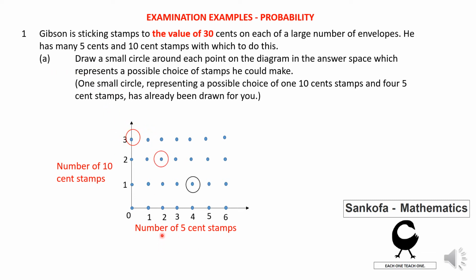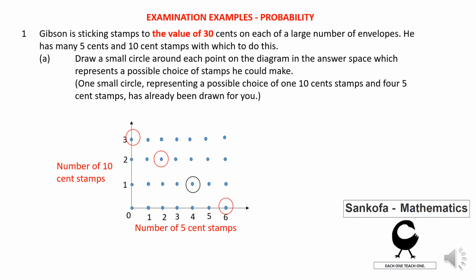Or he can paste 2 5-cent stamps plus 2 10-cent stamps. That also gives you 30 cents. And lastly, he can use all 5-cent stamps. 6 of them will give you 30 cents.